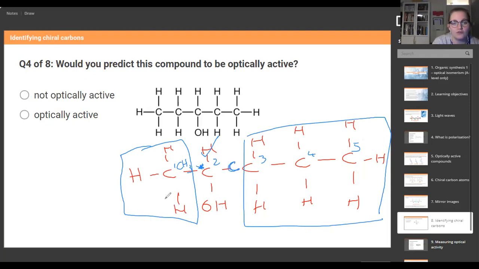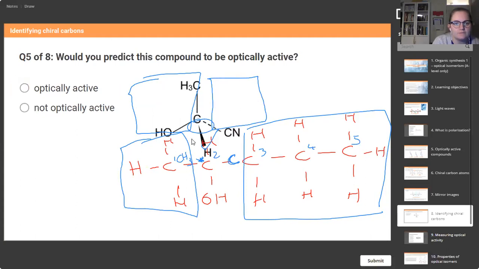So actually that one was optically active. The difference between that one and this one is actually, well, let's look at this. That is the same on both sides. So actually this one's going to be optically inactive because the OH group's in the middle. Depending on how we would rotate it, it would always be the same. So this one is going to be not optically active.